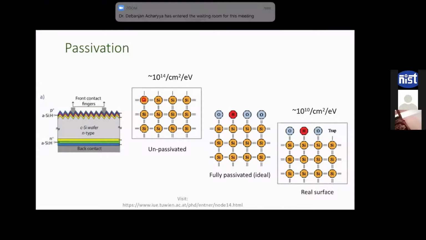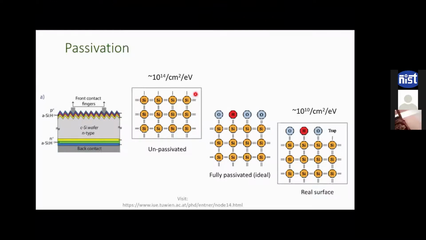At the surface, we break the periodicity, and in place of a missing silicon atom, we now have a surface silicon atom with an unpaired lone electron. This results in a defect that is very electrically active, and it can work as a trapping site for charge carriers.